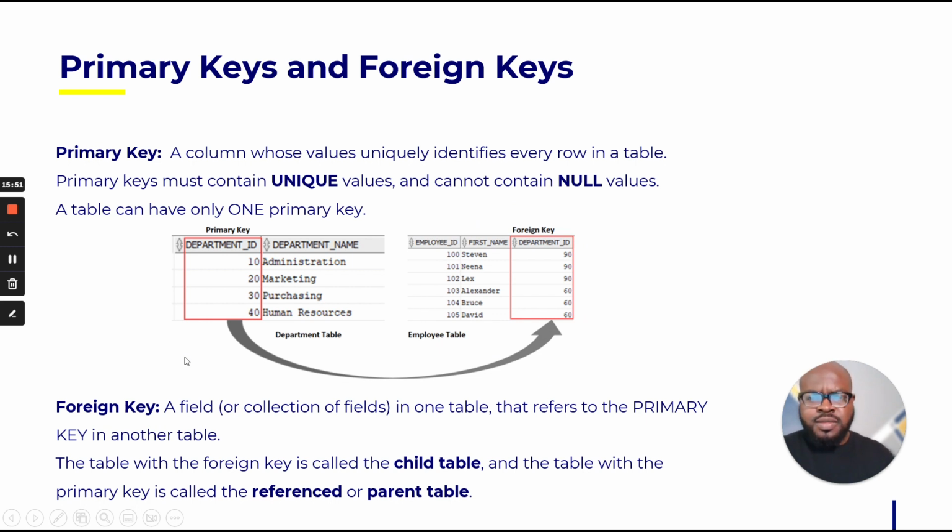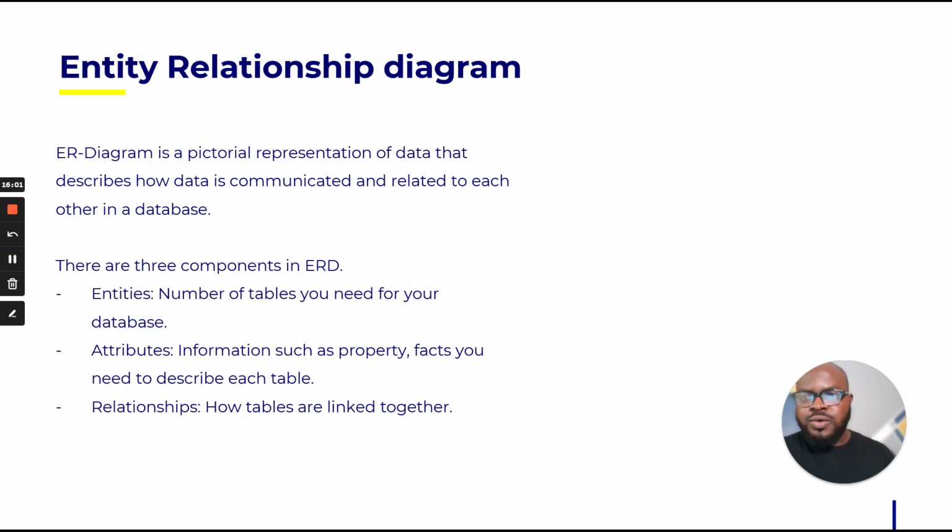So now that we understand the concept of keys, primary keys and foreign keys, let's look at ERDs, or entity relationship diagrams. Now, what are ER diagrams really? They are a pictorial representation of the data that describes how data is related to each other in a database.